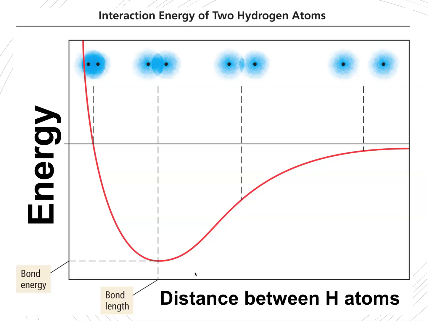Well, two positive nuclei do not want to go together. That's why it takes an incredible amount of energy to force them together or fuse them together. Nuclear fusion, what's happening in our stars, is what makes that happen. So that's why it's skyrocketing there very quickly.